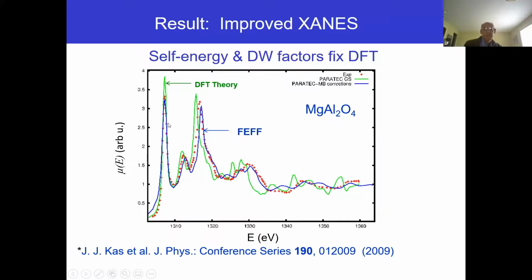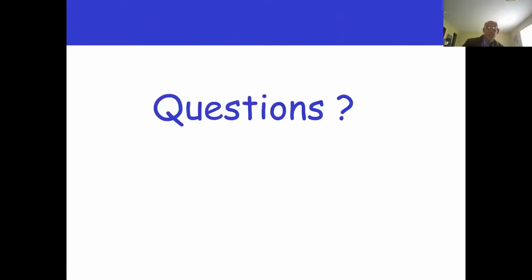And you see what happens is that the self-energy accounts for this kind of systematic deviation from DFT to green as one goes up in energy. And if you don't have it, you get rubbish, except very close to the edge. So self-energy is really crucial.